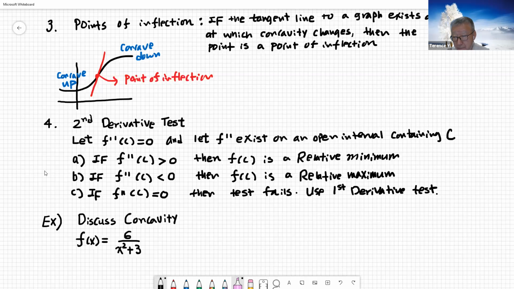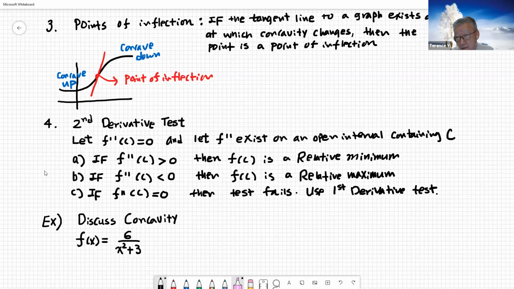If the arrow goes down and then up, that's a relative minimum. We have a similar test like that. Instead of using the first derivative test, you can use the second derivative test if that's what you want to do. So if f double prime of c, the second derivative, is greater than 0, then at that point it's going to be a relative minimum.